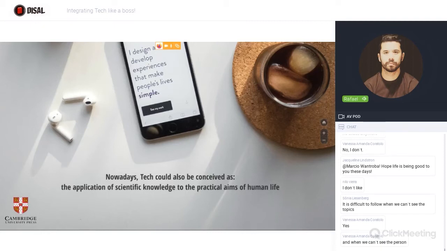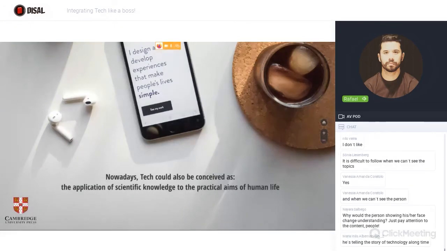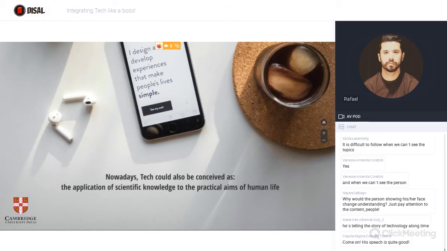I love this word design, but not designing in the sense of the enjoyment and the study of beauty, which is actually what most people think of when design crosses our mind. But I mean design in the sense of a project, you know? All this planning that we have involved in making something for a very particular purpose.